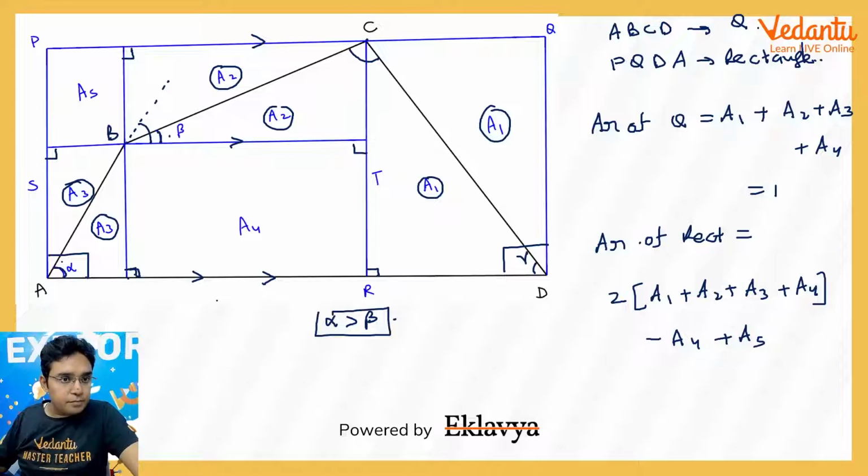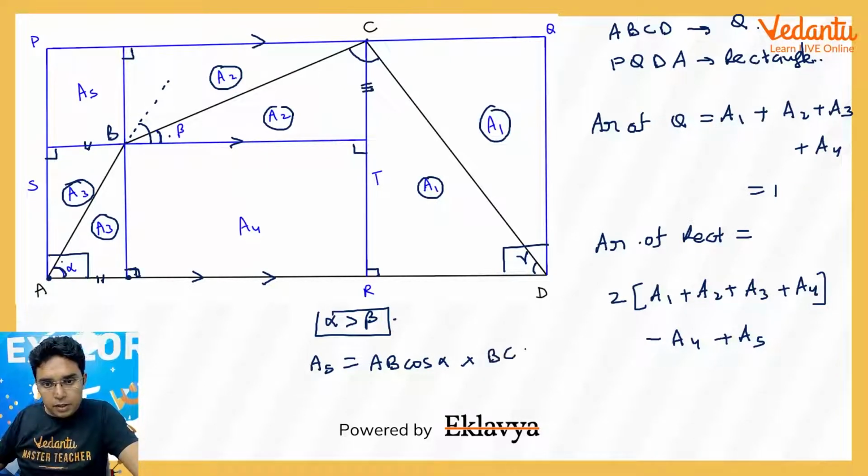Now please see. This A5 area is the length from this place to this place, which I can call AB cos alpha. A5 is this one side, AB cos alpha, into the other side, BC sine beta.